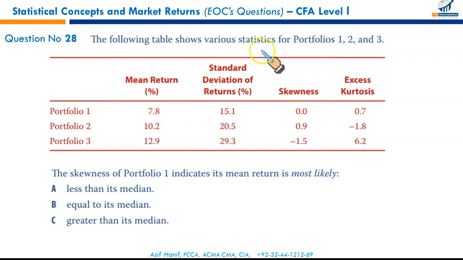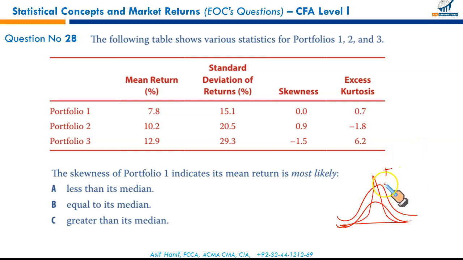The table shows various statistics of portfolios 1, 2, 3. We have been given portfolio 1 with mean, standard deviation, skewness, and excess kurtosis. We discussed kurtosis very briefly. Just recall, this is your normal distribution. A distribution that is peaked will have positive excess kurtosis, and a distribution that is relatively flatter will have negative excess kurtosis.